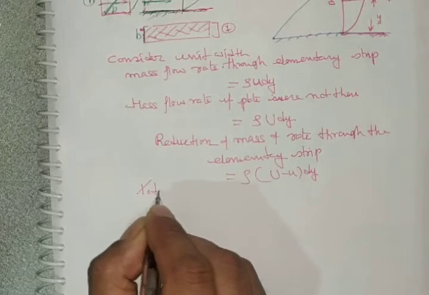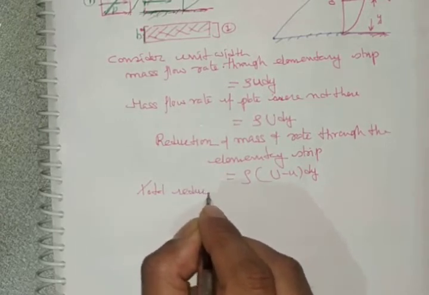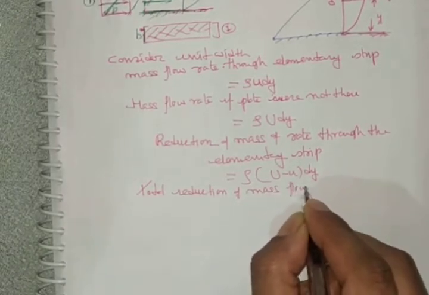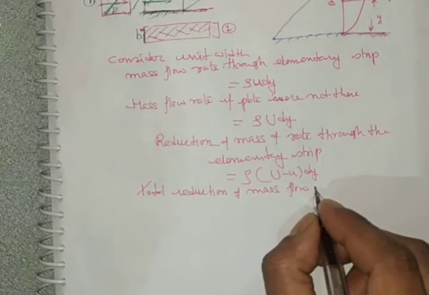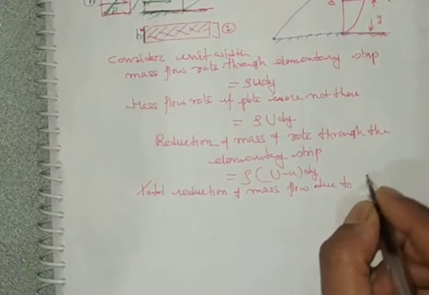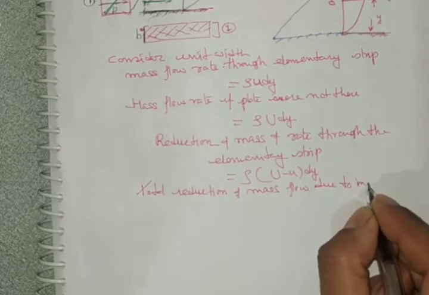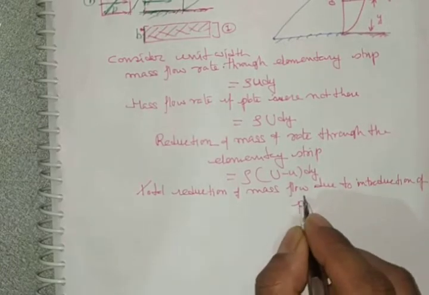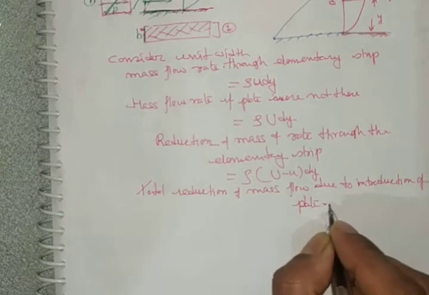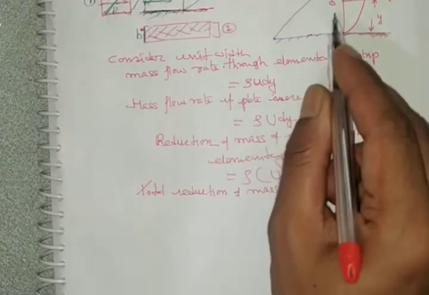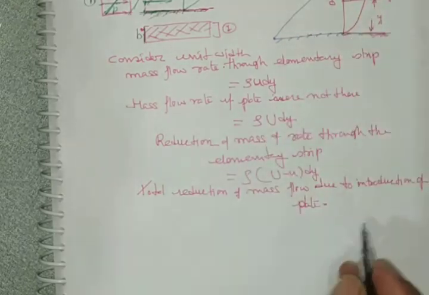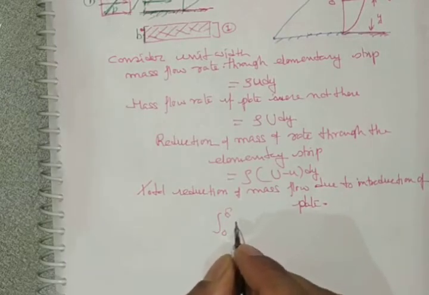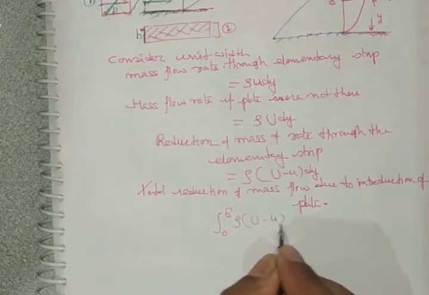Now the total reduction of mass flow due to introduction of the plate, from where you get the boundary layer actually, will be the integral of rho (U minus u) dy.